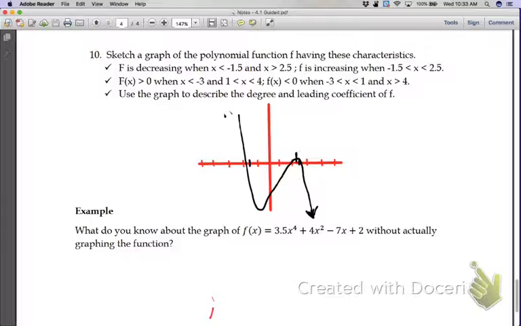Okay? Somewhere about where that 2.5 is, and where that negative 1.5 is. It's going to give you your intervals.